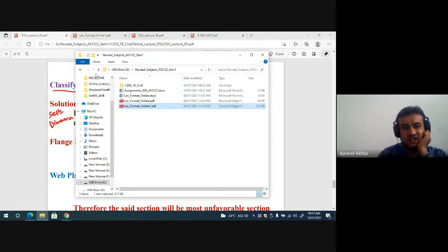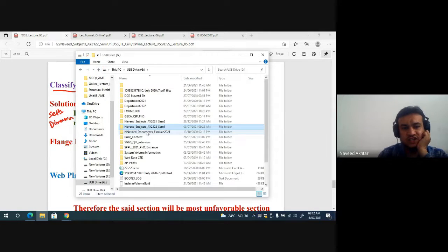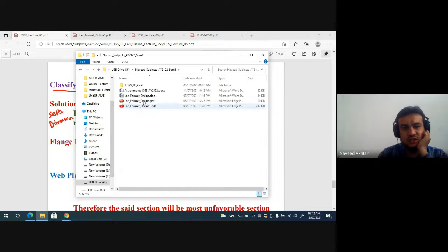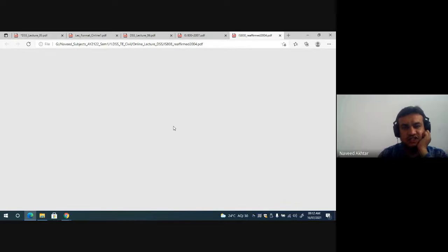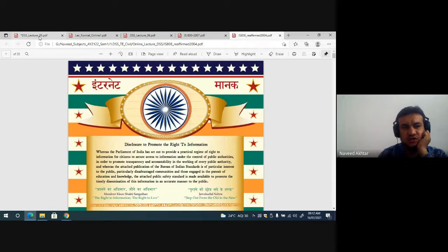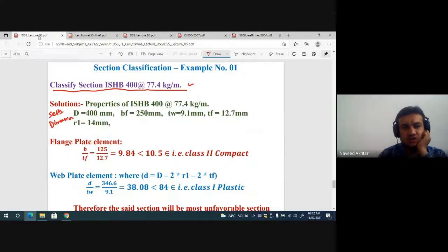And where will we get these sectional dimensions? We will get them in your steel table, IS 808. Which type of section have you been given? ISHB 400 77.4 kg per meter.